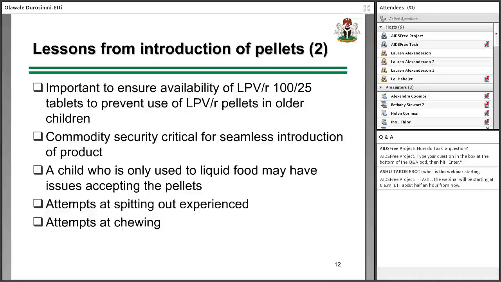And I think this further emphasizes the importance of commodity security to assure seamless introduction of the products. We also observed that a child who is used to liquid food may have challenges accepting the pellet, as some of them were observed to spit out the product when it is administered, while some of them also attempted chewing the pellets.